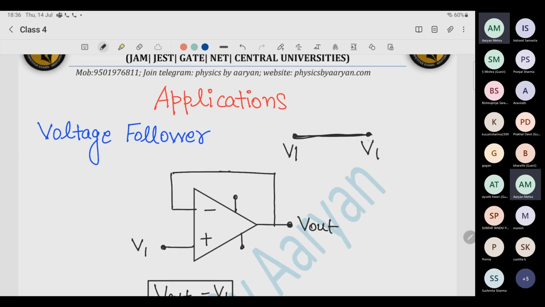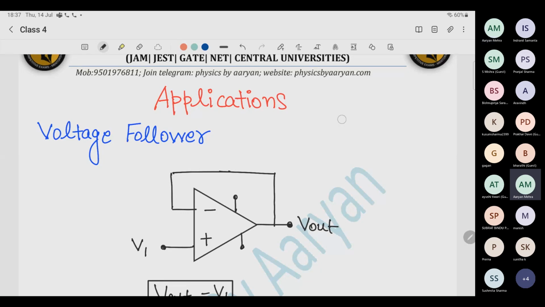If your input and output need to be the same, just connect them with a wire, no? Wire has some resistance. Yes, you cannot make a wire with zero resistance. So some potential drop will be there and this V will be less than V1. That is why we do not use wires.